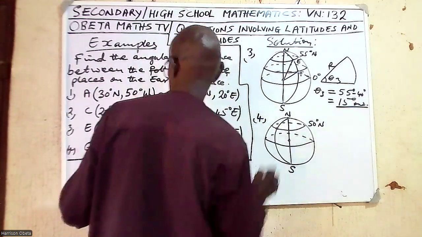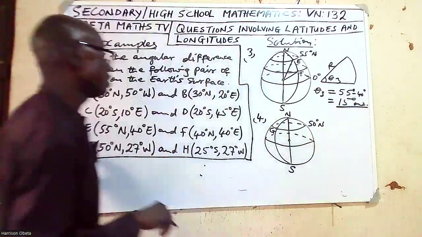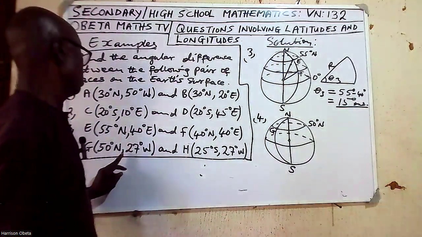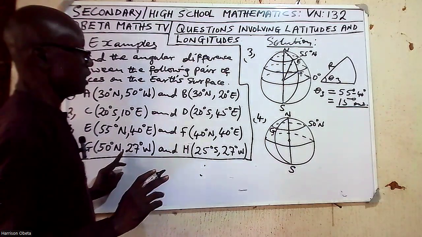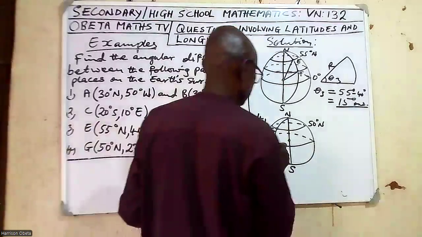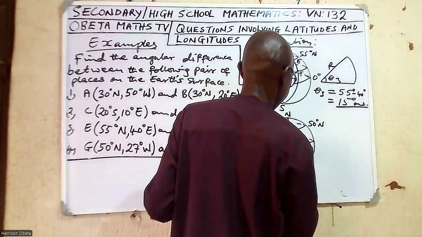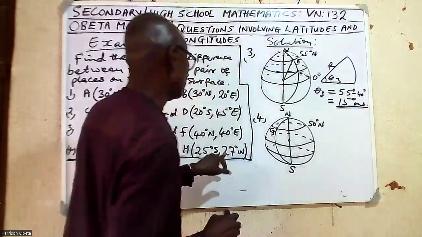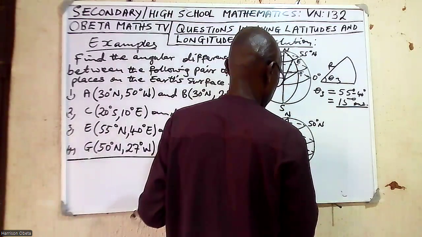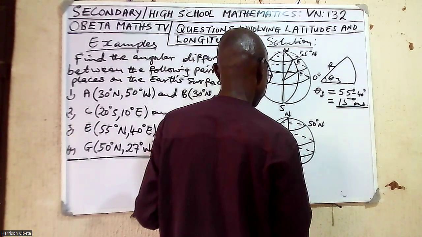So this is our G. Then we have indicated G. What of H? 25 degrees south, and then 27 degrees west. So that is here, and that is our H.